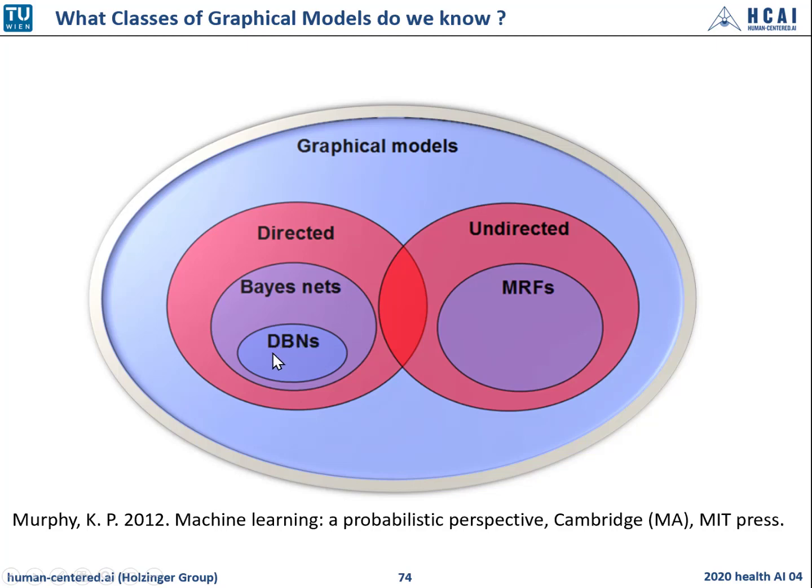Please do not mix this up with deep belief networks, which you have surely thought about, developed by Geoffrey Hinton. No, these are not. These are dynamic Bayes nets. Although I have to admit that dynamic Bayesian network is also a bad name, because a dynamic Bayesian network is a way to represent a stochastic process using a directed graphical model.